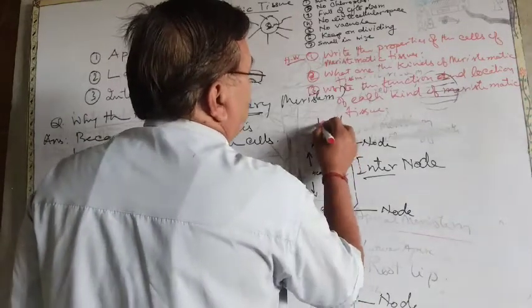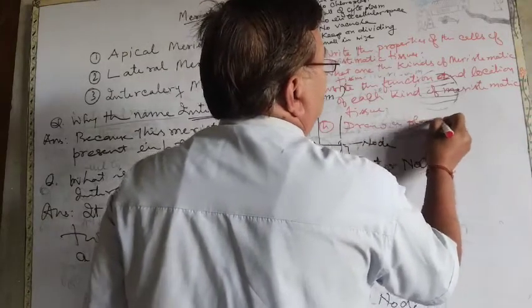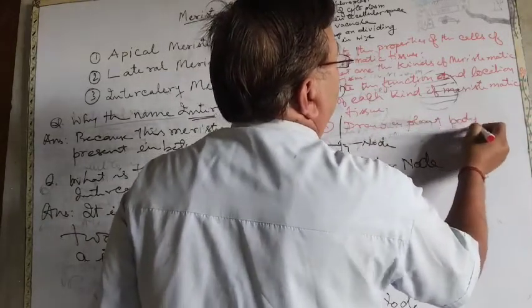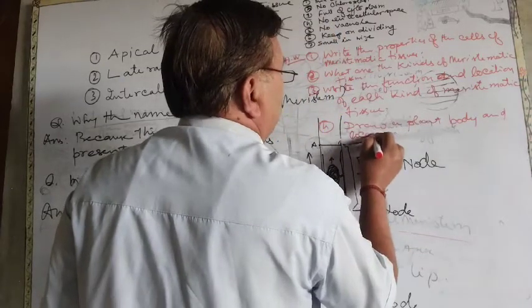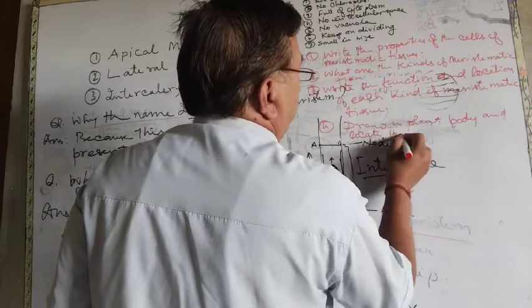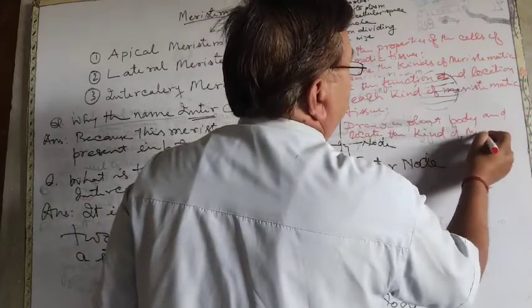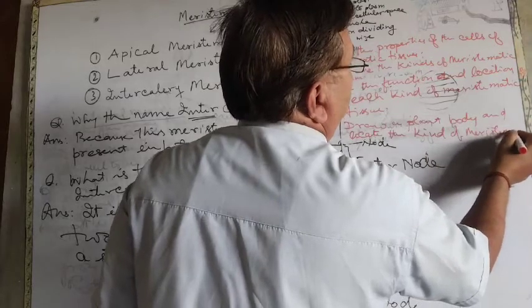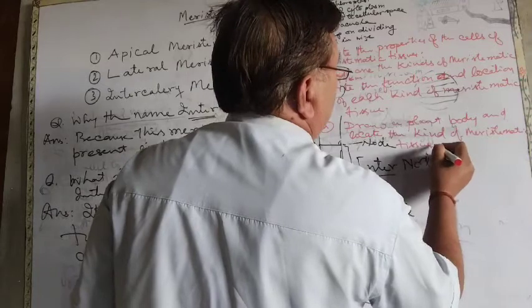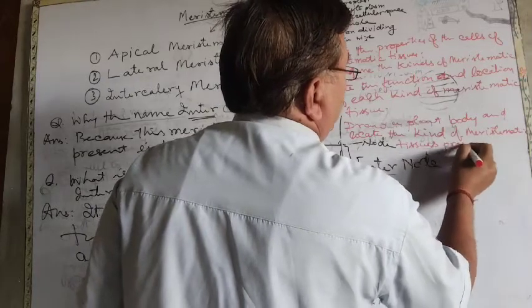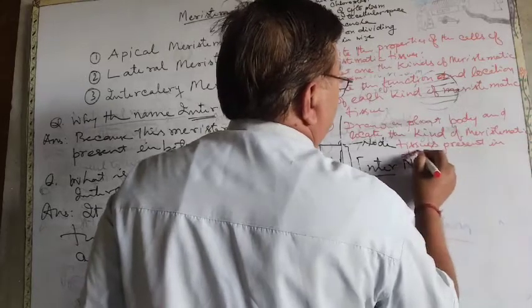And for this, draw a plant body and locate the kinds of meristematic tissues present in different parts.